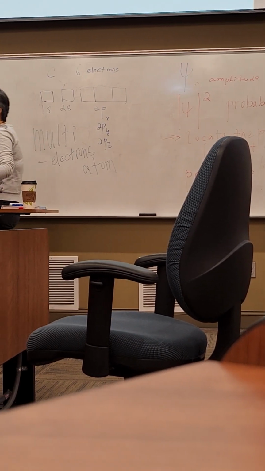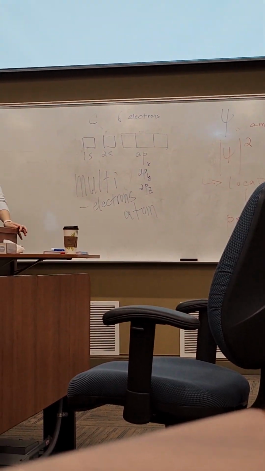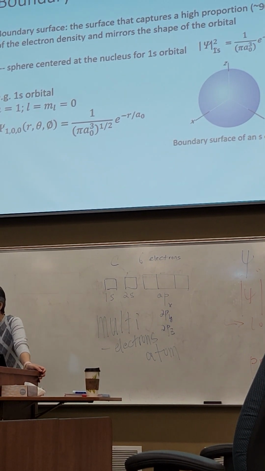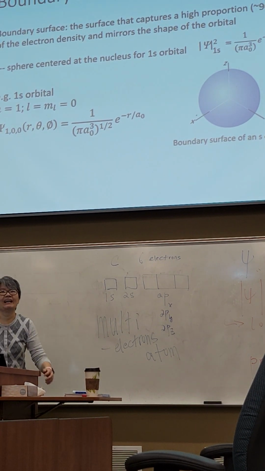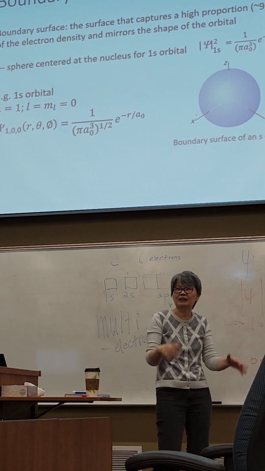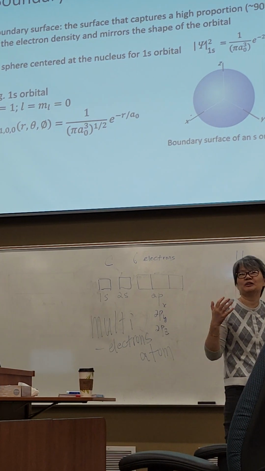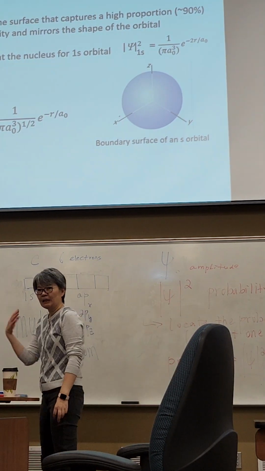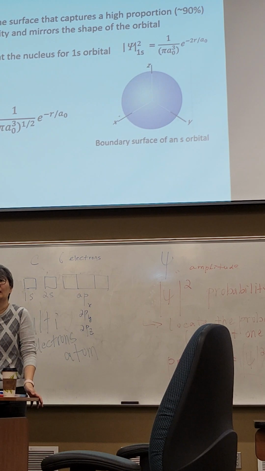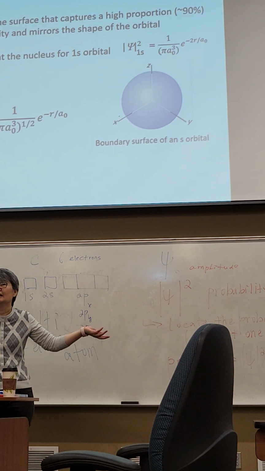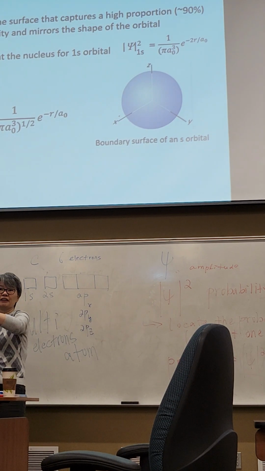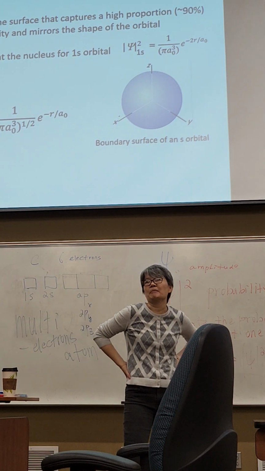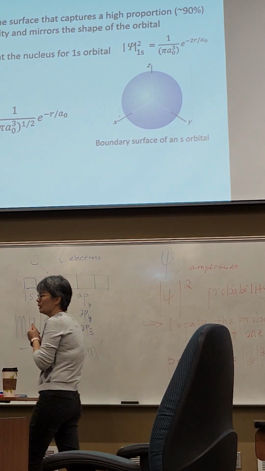So the boundary surface captures a high proportion, 90%, and that's why in many textbooks you see the s orbital looking like this, with a particular radius. This is really referred to as the boundary surface. Within that radius, we capture about 90% of the electron probability, and the rest, even further from that surface out to infinity, is the remaining 10%.